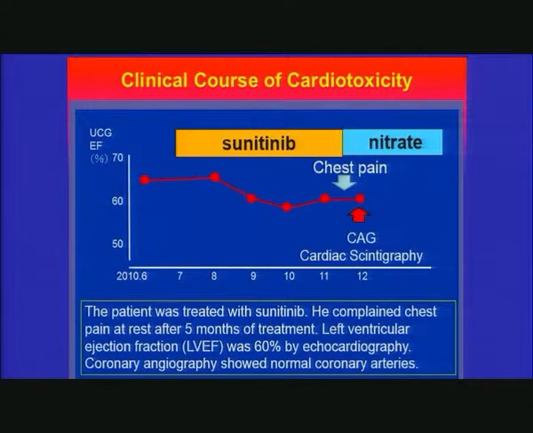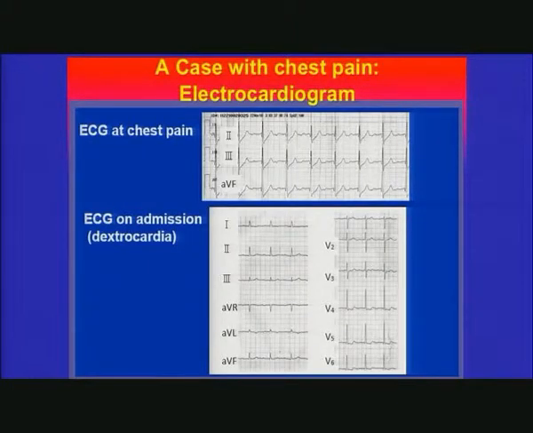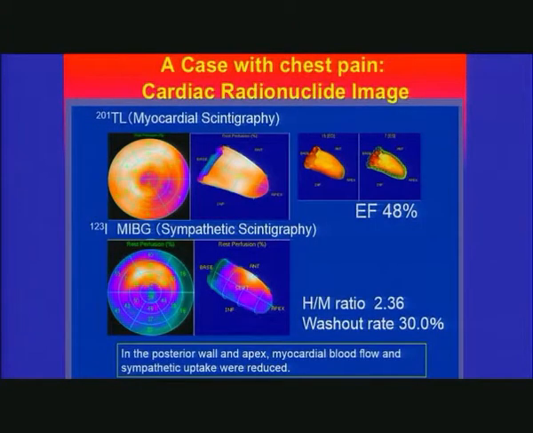However, our coronary angiogram was normal. The ECG showed definite ST segment depressions during chest pain, whereas the ECG on admission was not normal but showed a non-specific ST-T segment change. So the cause of the ischemia is not known. However, microvascular abnormality may be involved in this patient.